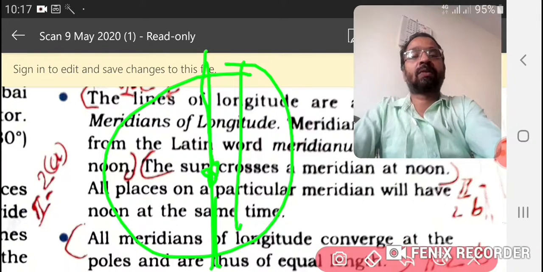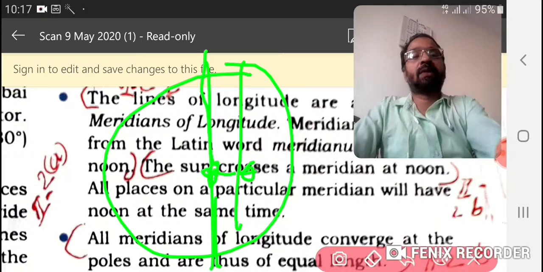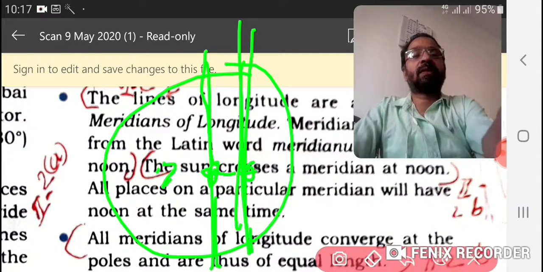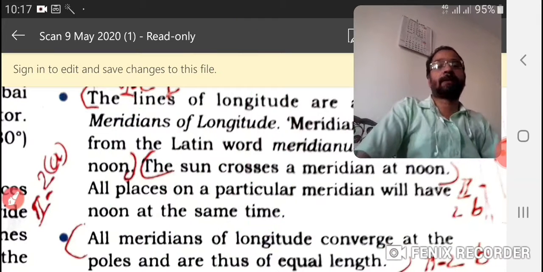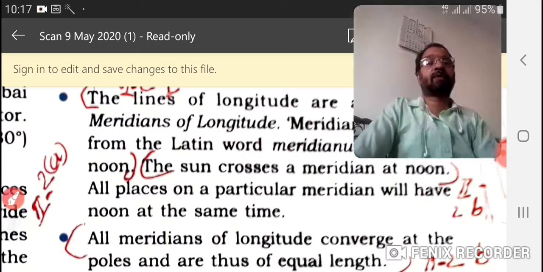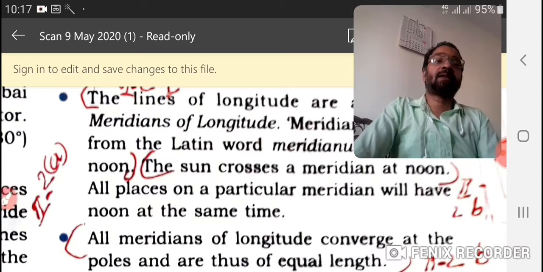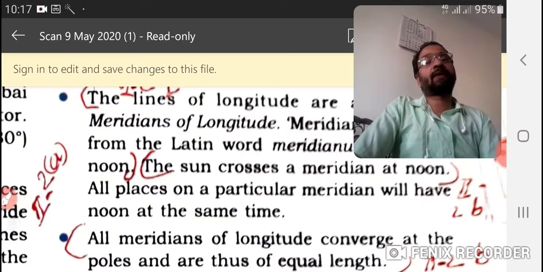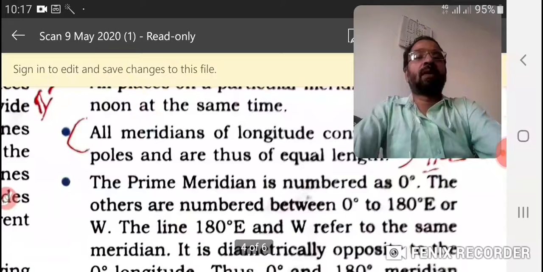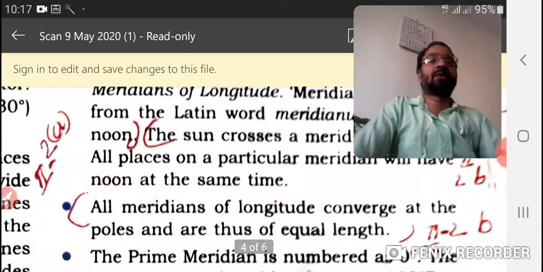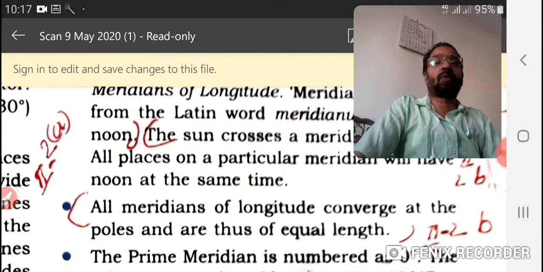Again the sun slowly comes here, and then noon is at the same time on all those lines. That is why we call it meridian, meaning noon. All places on a particular meridian will have noon at the same time. All meridians of longitude converge at the poles and are thus of equal length.